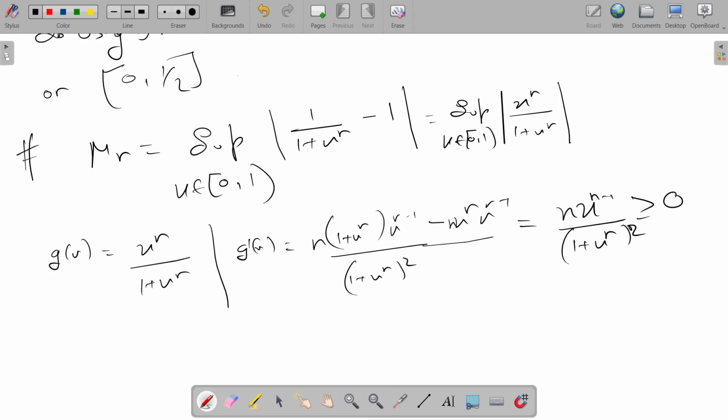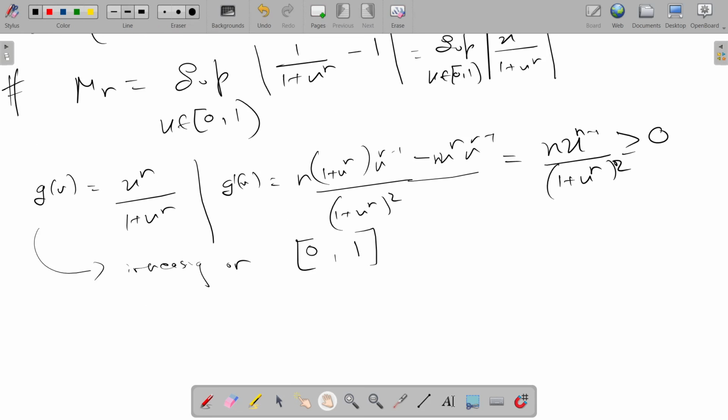Of course, it is 0 at 0, but if you are not including 0, this is strictly positive. So g(x) is an increasing function on this interval.